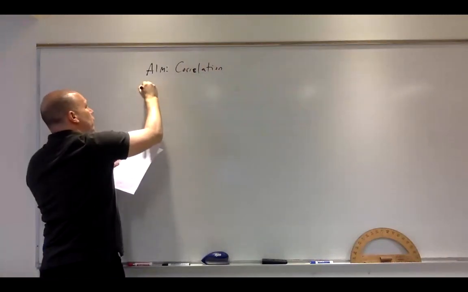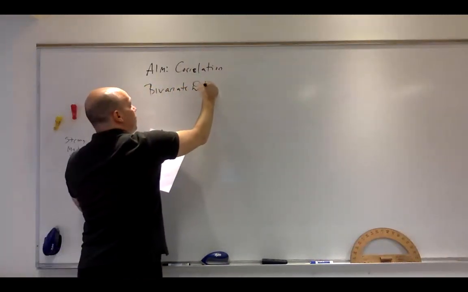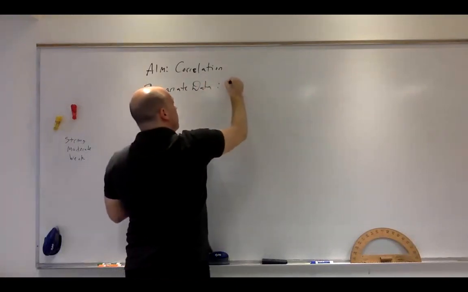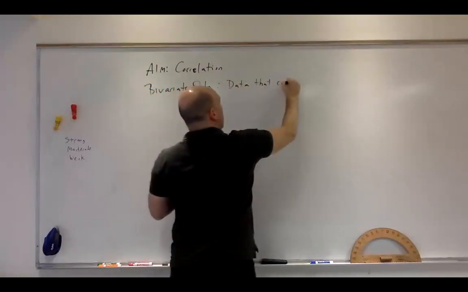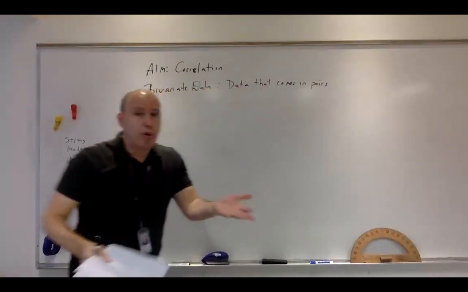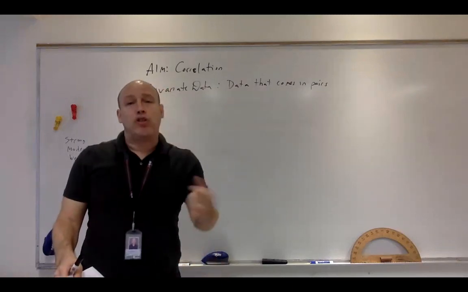Let's talk about, first of all, bivariate data. It's simply data that comes in pairs. The idea is there's a person or a thing, and they're asked two questions, or we get two pieces of information.